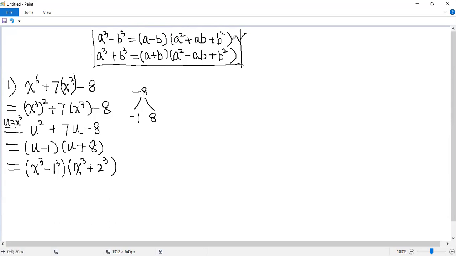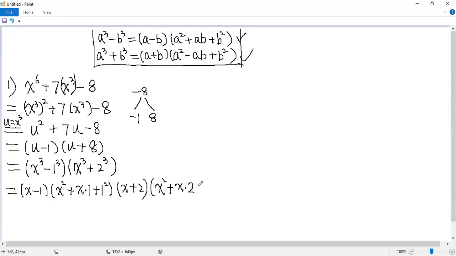So applying the first formula, we get (x minus 1)(x squared plus x times 1 plus 1 squared). Applying the second formula, take a as x, b as 2, we get (x plus 2)(x squared plus x times 2 plus 2 squared).